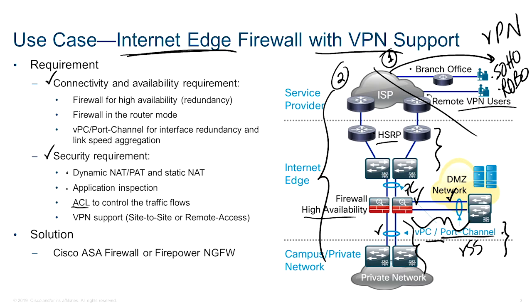Our ACLs, folks, in my opinion, every implementation, every use case needs some ACLs, because they provide a minimum of very broad blockage of traffic, so that only what makes it past the access control list will later be inspected. And as we said earlier, because of the nature of our first kind of connection here, we're going to need VPN support for both site-to-site and our remote access users.